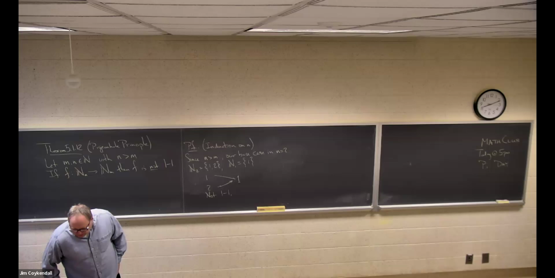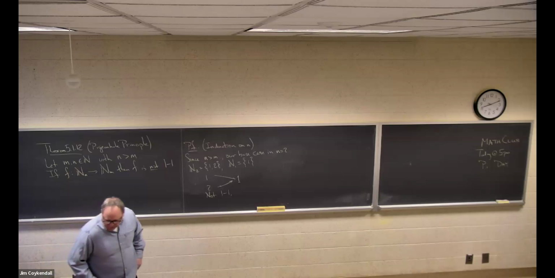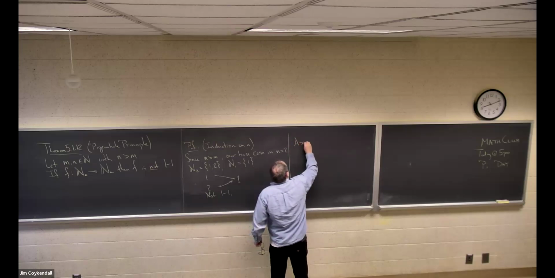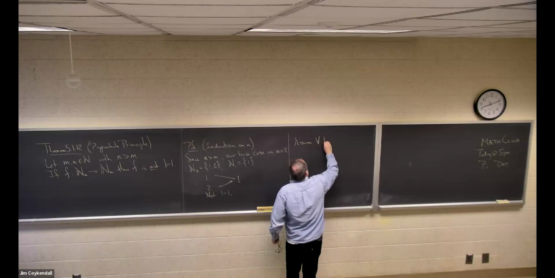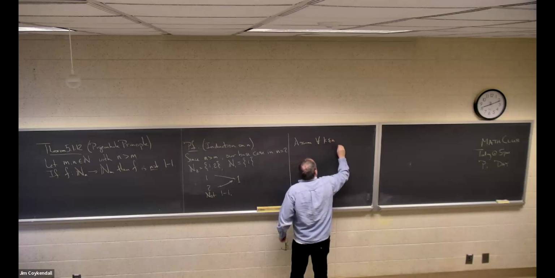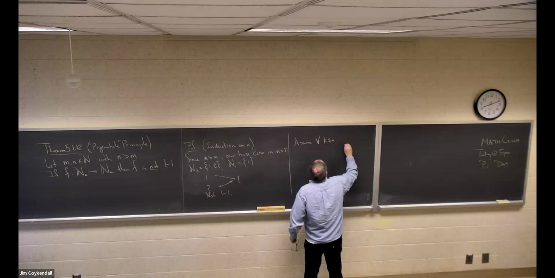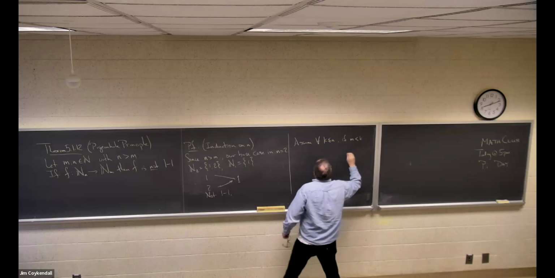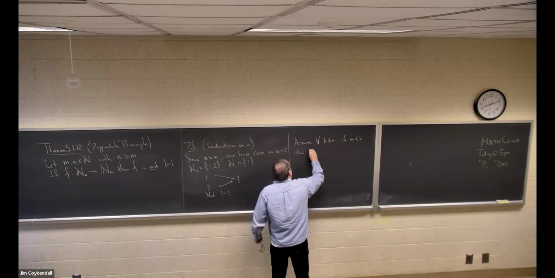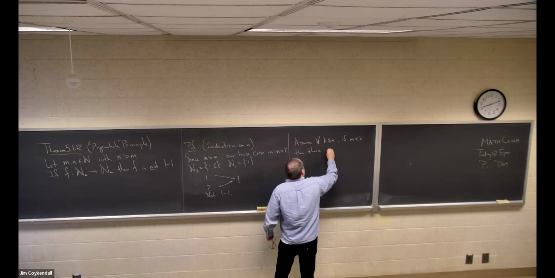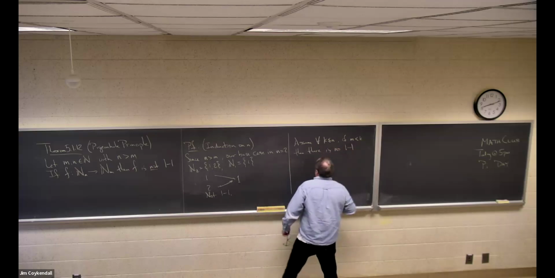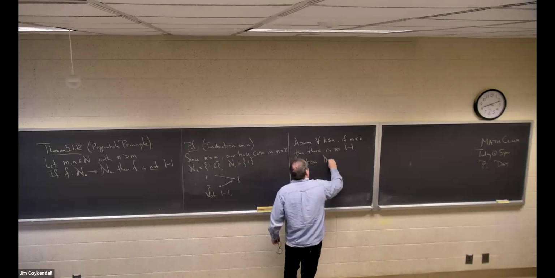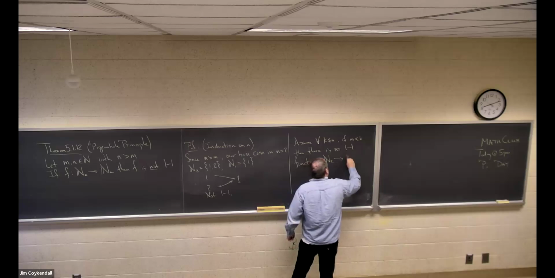Now assume that for all k less than or equal to n, there is no one-to-one function from N sub k to N sub m, with m less than k.